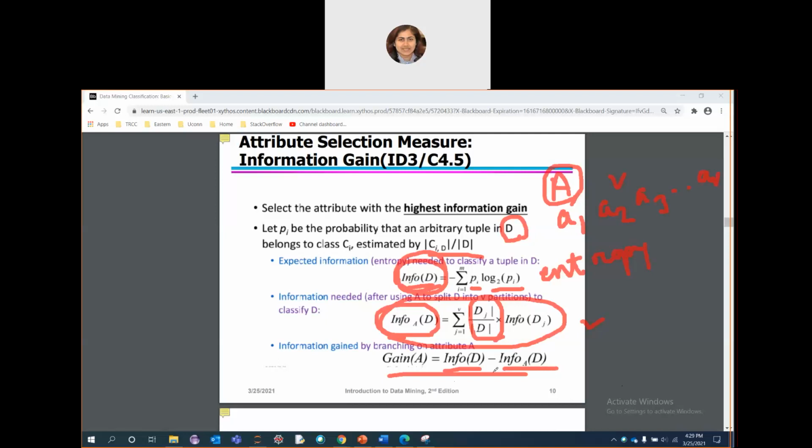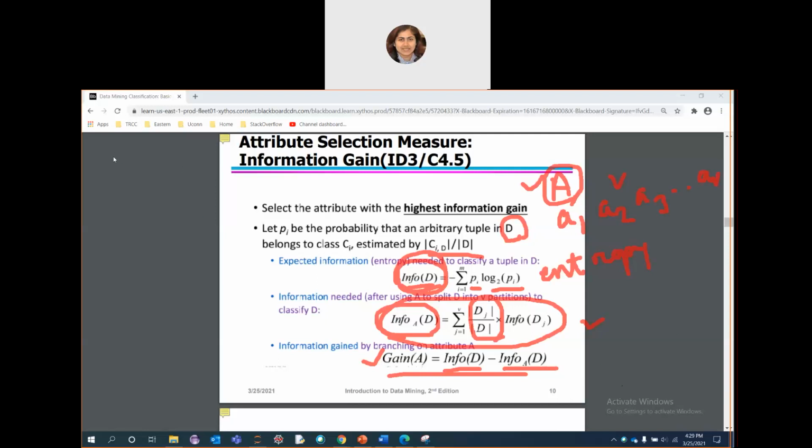After we have all these three things calculated from our given dataset, the attribute A with the highest information gain is chosen as the splitting attribute. So these are the three steps for how we calculate the splitting condition.